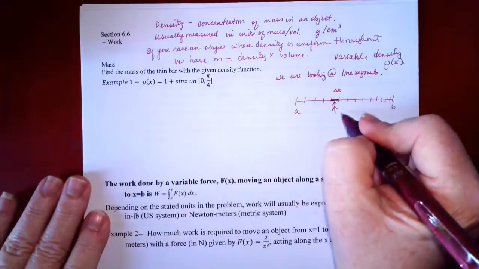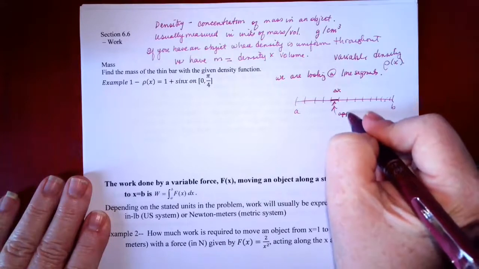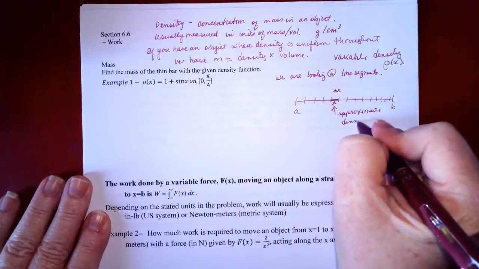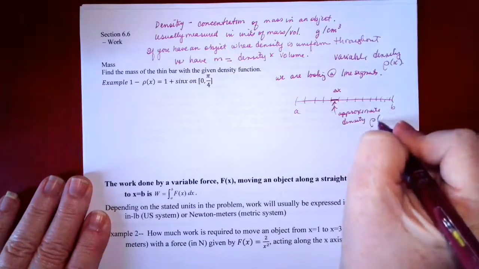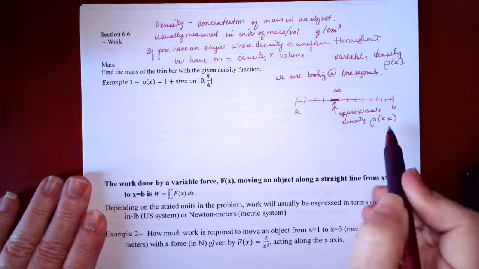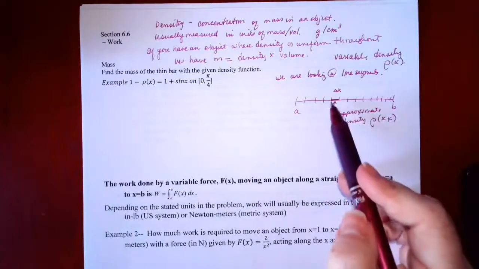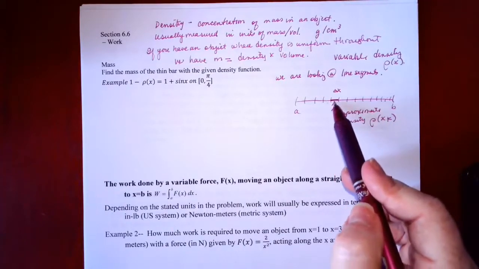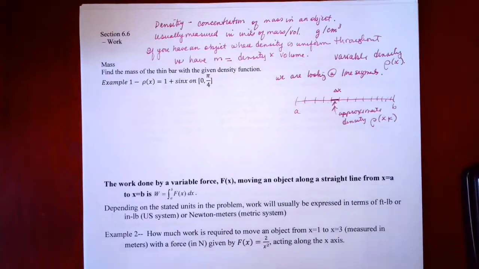Or we can approximate the density there by taking just P of xk, where xk could be the right-hand endpoint of that subinterval or the left-hand endpoint or something in between. Very similar to when we started talking about finding the area below a curve back in Cal 1.